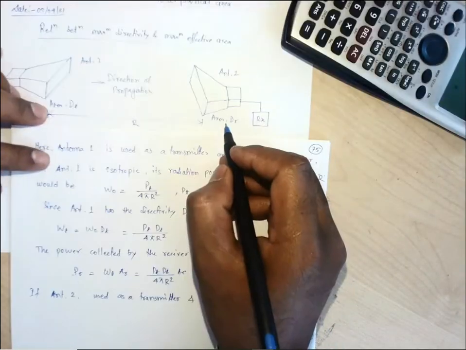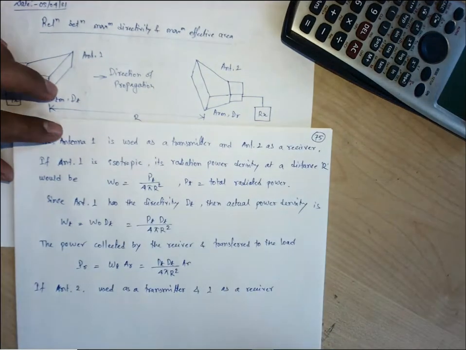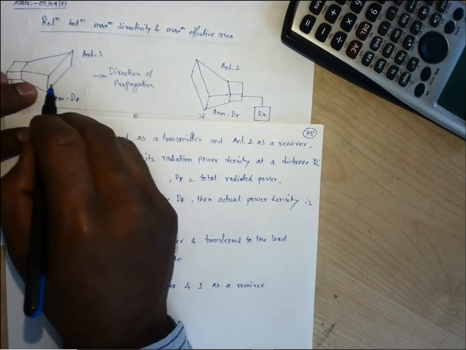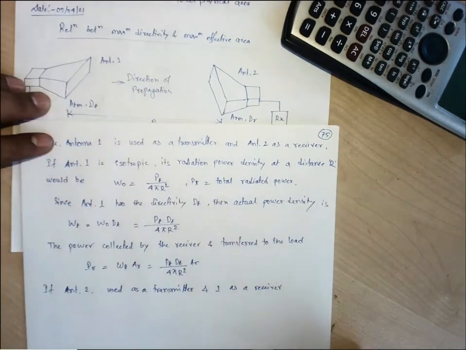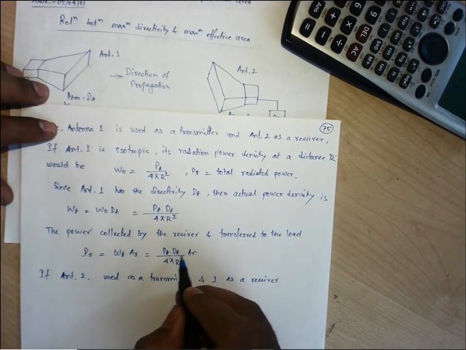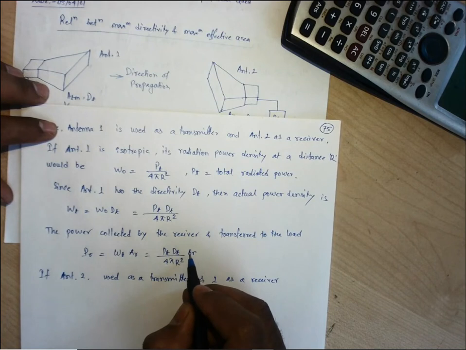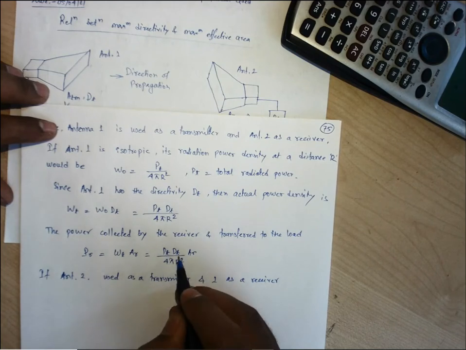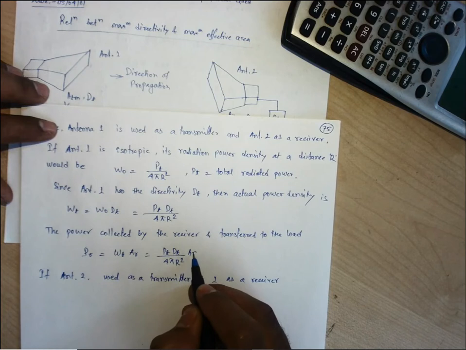What is the directivity we have considered? That is DR, right? And the aperture area depends upon this antenna, because this antenna is going to receive the power. So this one will be dr into at. We have the received power and the transmitted power, the same thing, only the change is the physical parameter of the antenna. Now it is the directivity of the receiver and the aperture of the transmitter, because this transmitter is acting as the receiver.